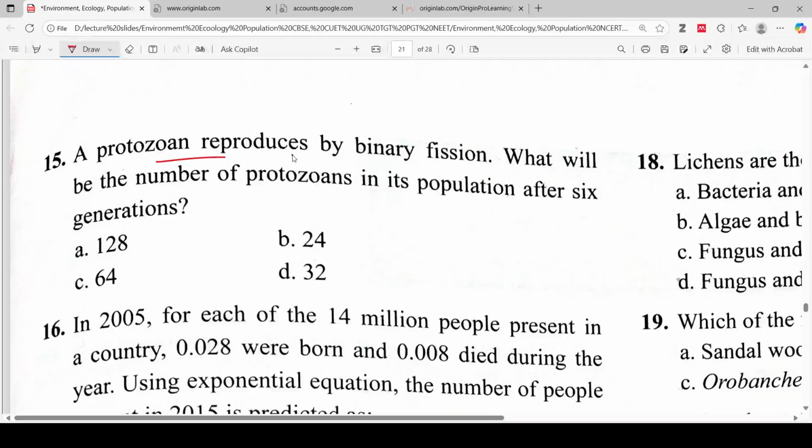Next question, a protozoan reproduced by binary fission. What will be the number of protozoa in the population after 6 generations?